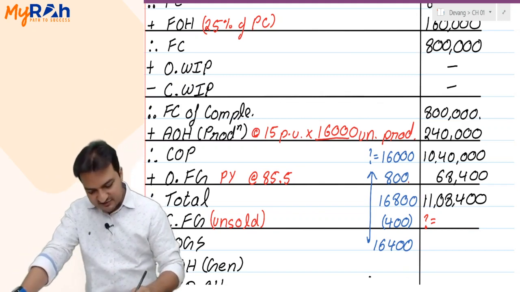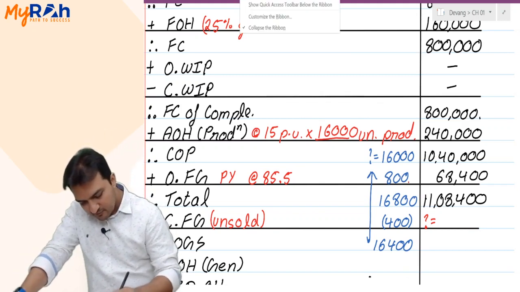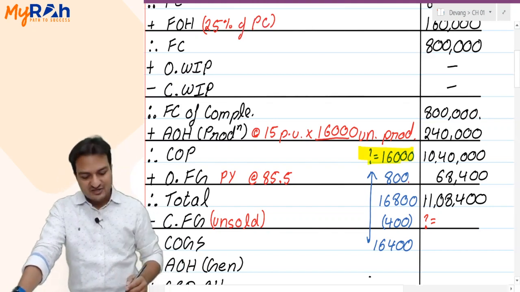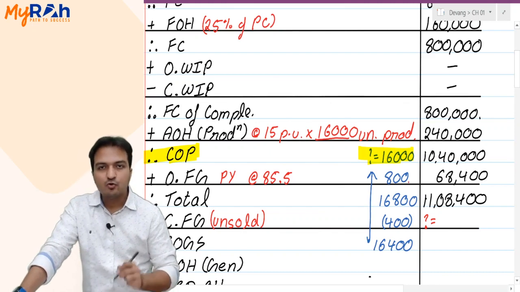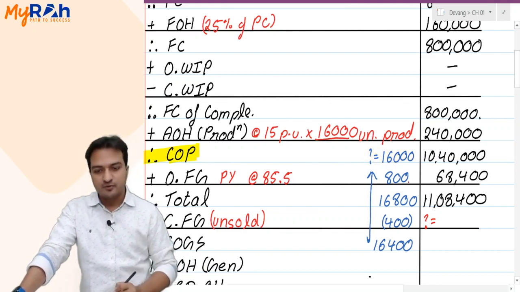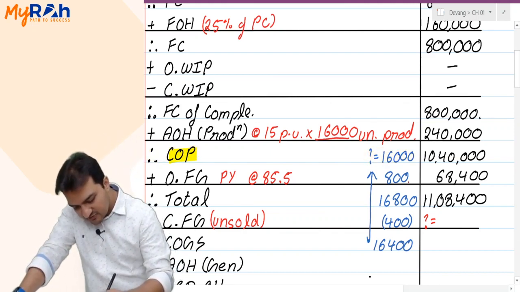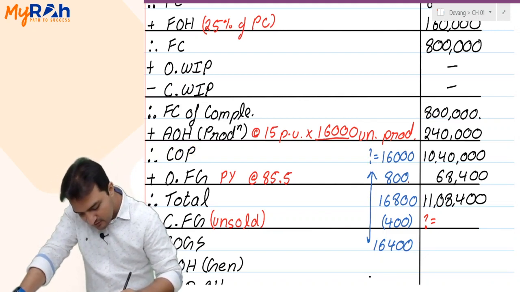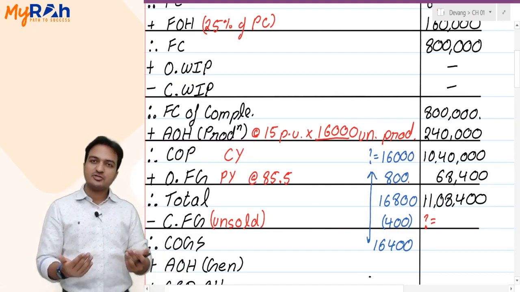While these 16,000 units, which I have written as COP, when were these 16,000 produced? Well, these 16,000 are the ones that were produced in the current year, because these are production of the current year.